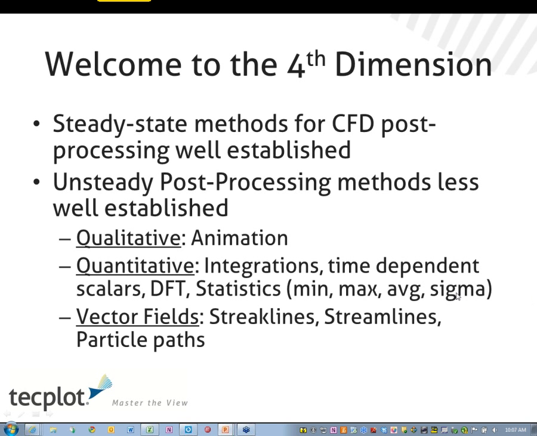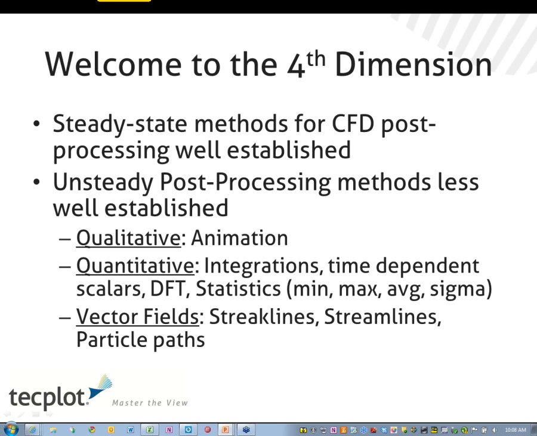look at scalars, or look in the frequency domain through a discrete Fourier transform, or perhaps some sort of statistics. So you look at min, max, and average plus standard deviation over time. Finally, one of the things that we do a lot, and I imagine most people do this, is looking at vector fields.